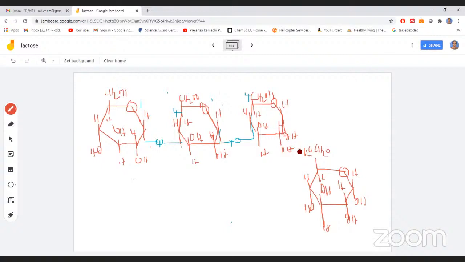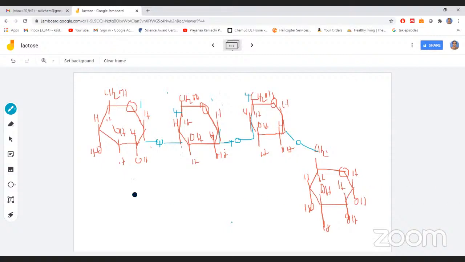This OH and this CH2OH are going to condense, and I'm going to get an alpha-1,6-glycosidic linkage like this. Then this again goes on repeating as 1,4-glycosidic linkage.